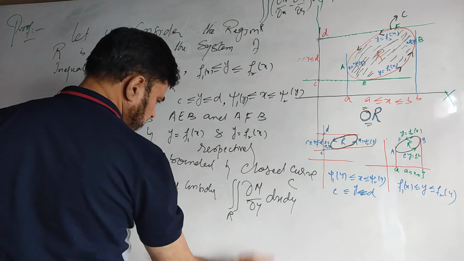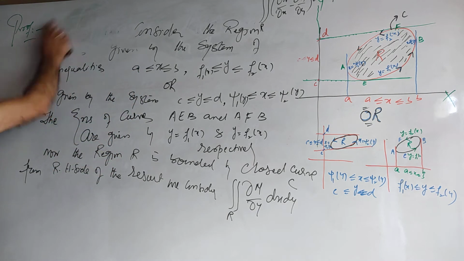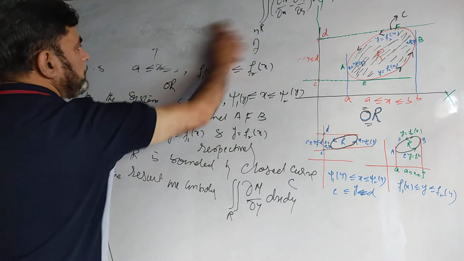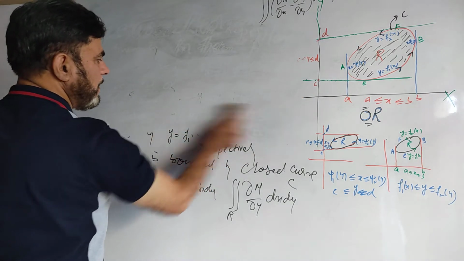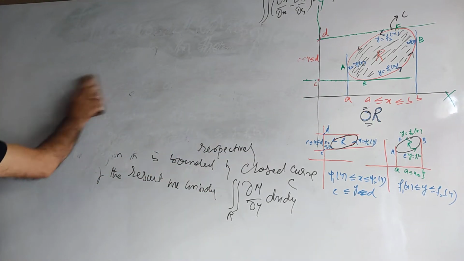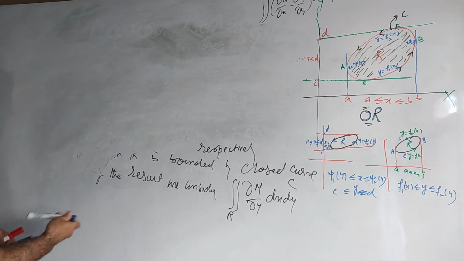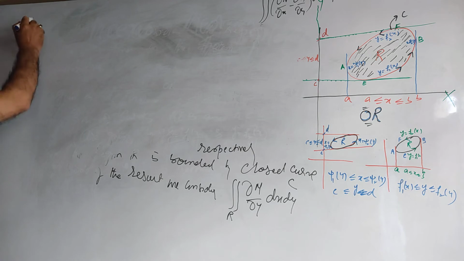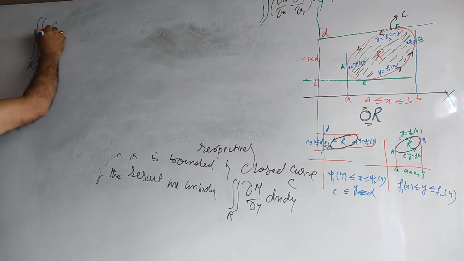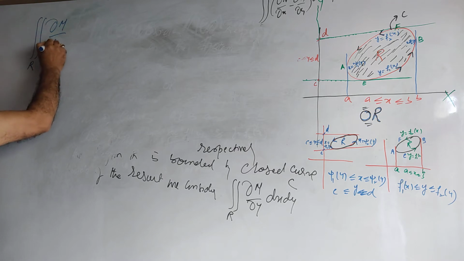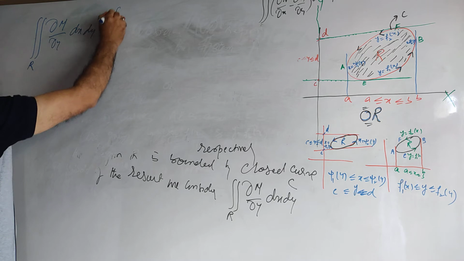Let us see what is this region. You see how we find it. This is your surface integral over R, partial derivative of M with respect to y, dx dy. We write it.